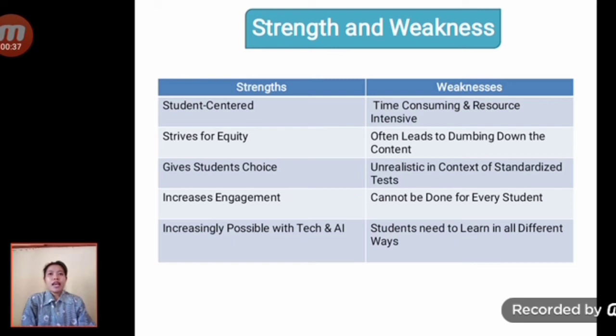The second, it strives for equity. Equity means that everyone gets a fair go. It doesn't mean that everyone is treated exactly the same. In a differentiated classroom, the class is more equitable because the teacher gives every student due consideration for what their needs really are. For example, if the teacher was dominantly a visual learner, their learning materials will always be very visual.